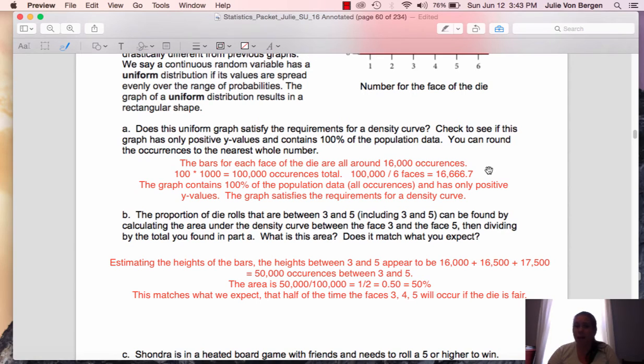That matches what we're seeing in the heights of the bars for the different faces. So it does look like the graph contains 100% of the population data, all the occurrences. And we also see the graph has only positive y values, right? Our count is positive numbers, so there's no negatives involved. So this graph does satisfy the requirements for a density curve.